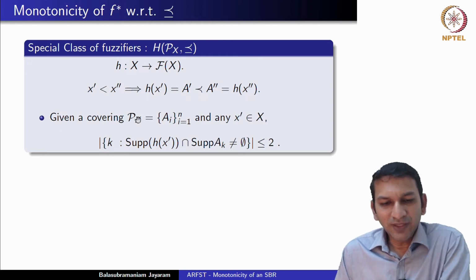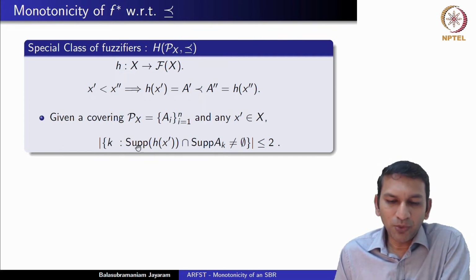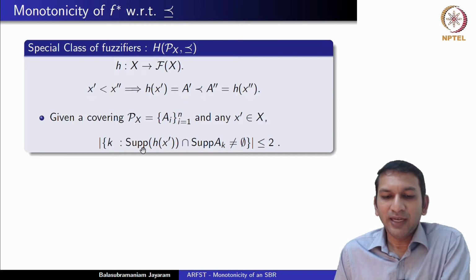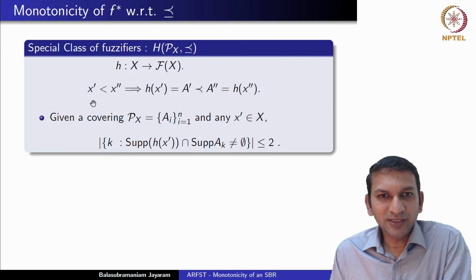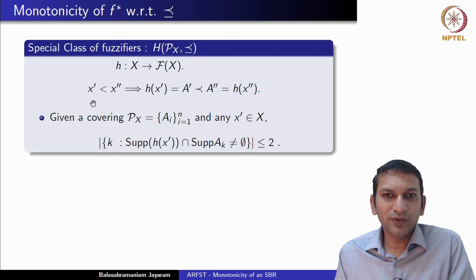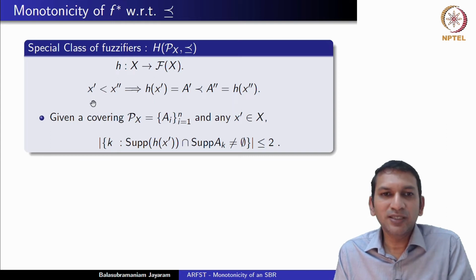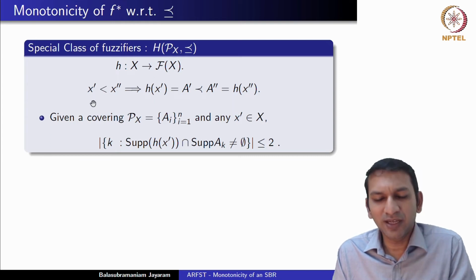What we want is that given this covering, look at this formula, it says that it can intersect some fuzzy sets in this collection Px, but intersect in the sense of the support of this a dash, h of x dash, it intersects at most two fuzzy sets, the supports of two fuzzy sets in the collection here. So essentially it says that given a covering, which is a collection of fuzzy sets, and an x dash, the fuzzified version of x dash should at most intersect with two fuzzy sets from this covering, from this collection. That means the support of the fuzzified set should intersect at most the support of two fuzzy sets in this collection.